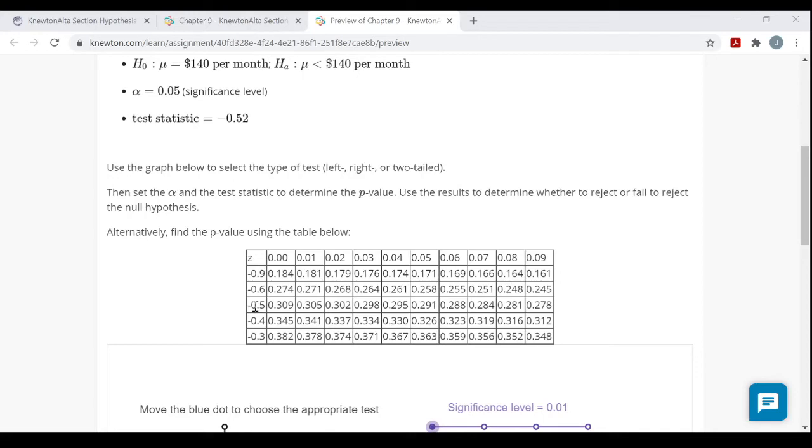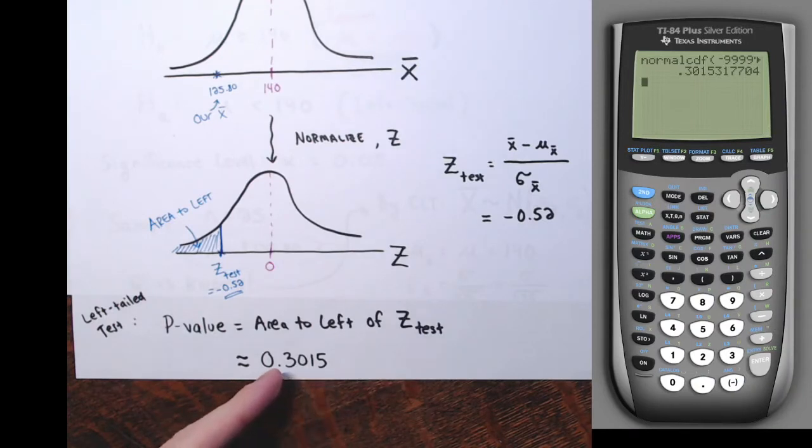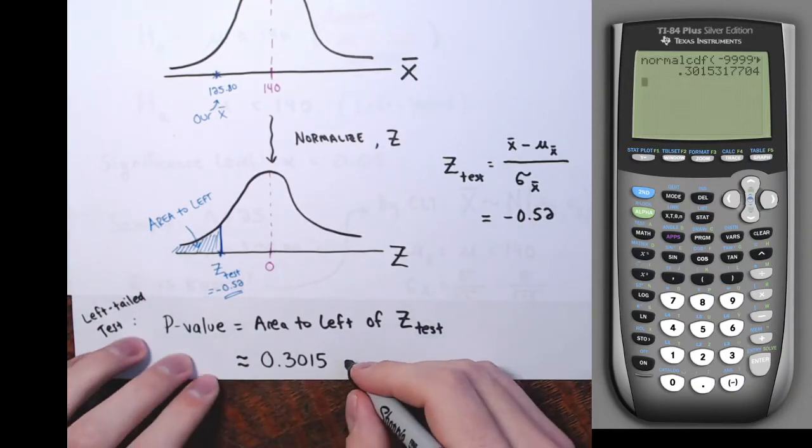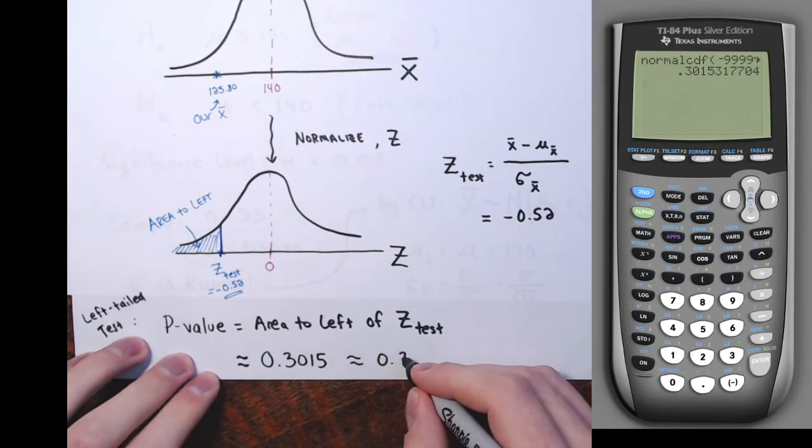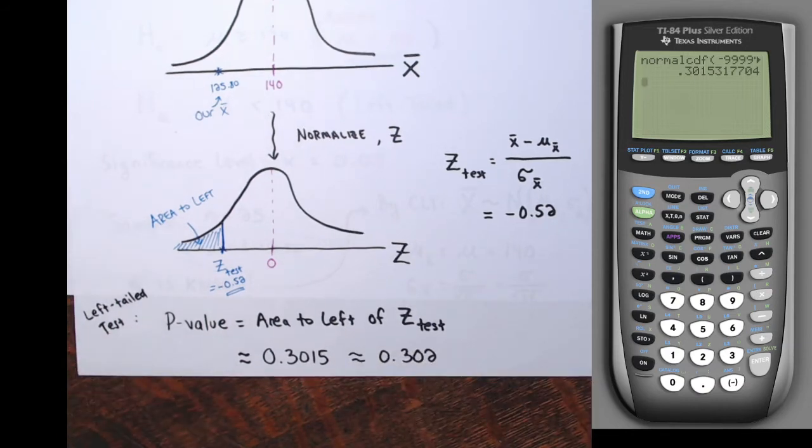So -0.5, I'm in this third row down, and then 2, so third row, third column in, and we're talking this area right here. The area to the left of our test statistic is 0.302. I said it was 0.3015, but if you rounded that to 3 decimal places, that would be 0.302, like they had on the table there.